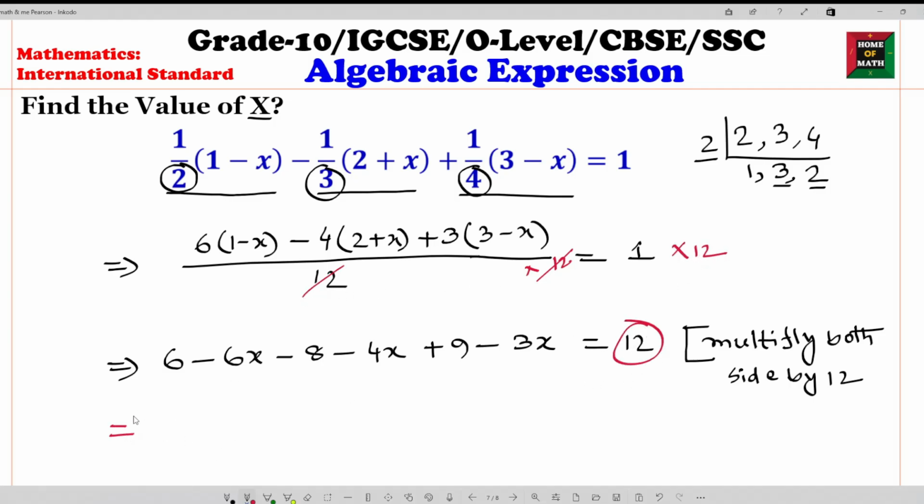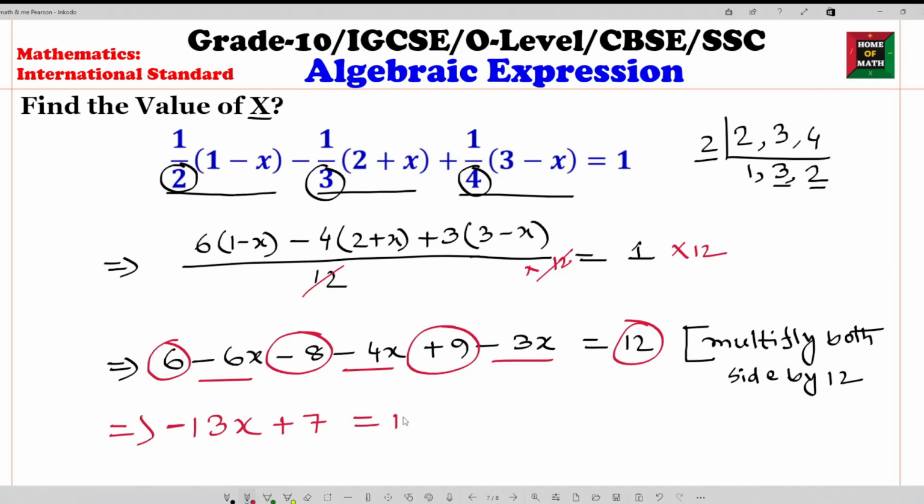Now look, minus 6x minus 4x minus 3x gives minus 13x. Then 6 minus 8 means minus 2, plus 9, so here is plus 7, equals 12.